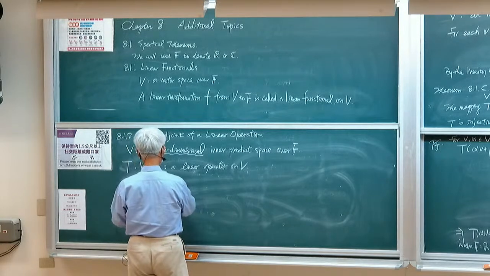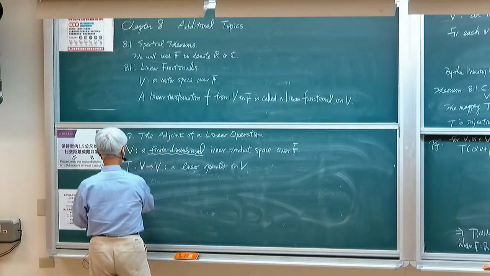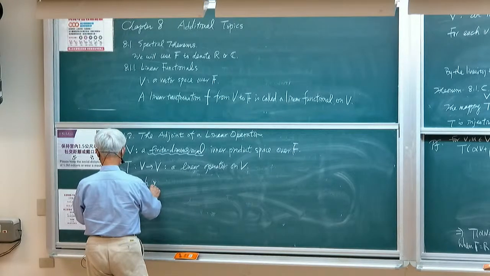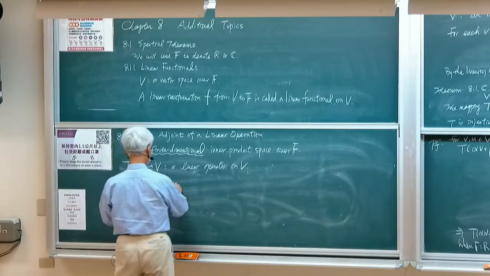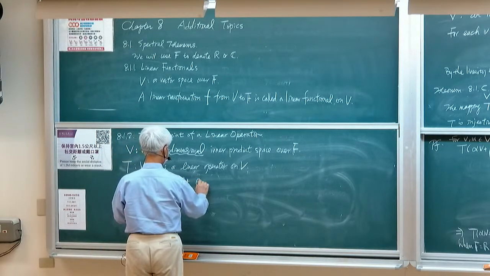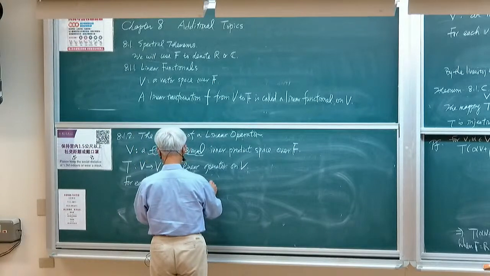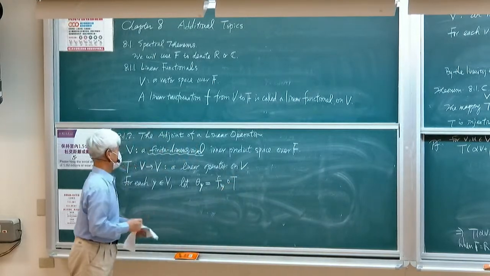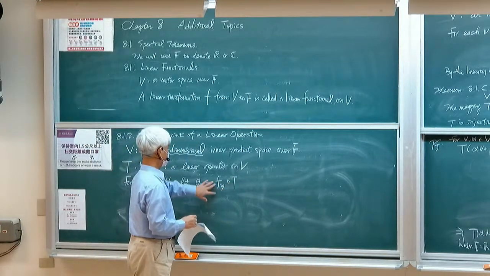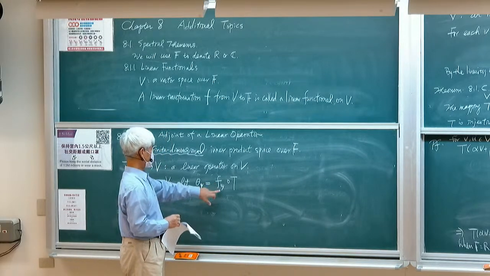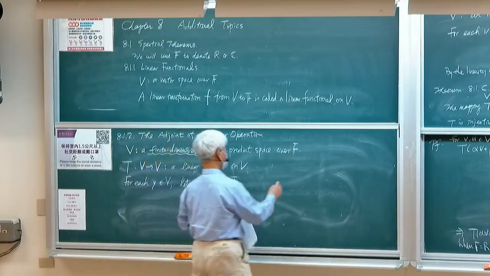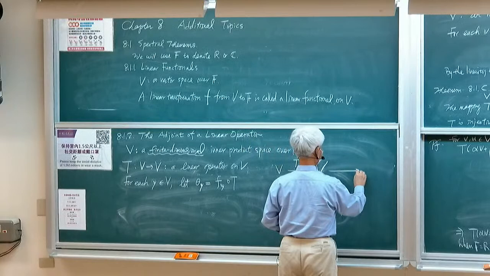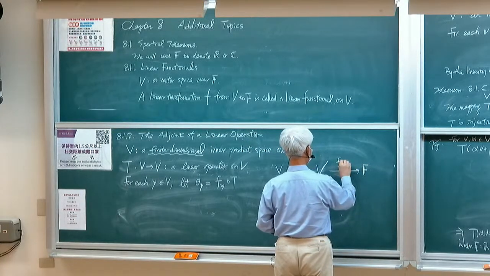Now for each y in V, we define theta_y to be the composite of T, the linear operator, with the linear functional defined by y. The situation is: we have V to V going by T, and f_y going to y.